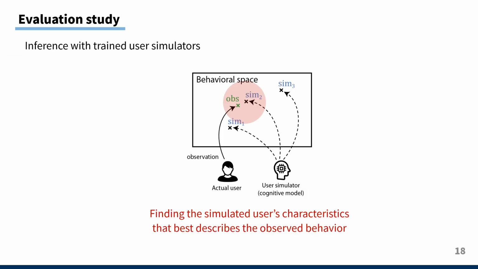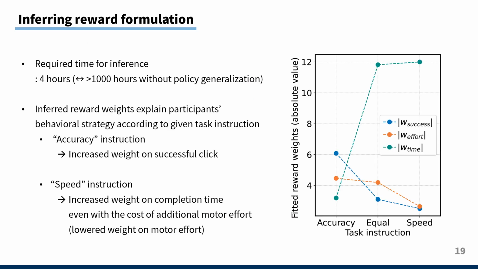Using this trained model, we inferred the user characteristics from the behavior of actual participants. This can be achieved by finding the simulated user's characteristics that best reproduce the observed behavior. We first examined how the three different instructions changed the participant reward formulation, which consists of reward weights corresponding to click success, motor effort, and completion time.